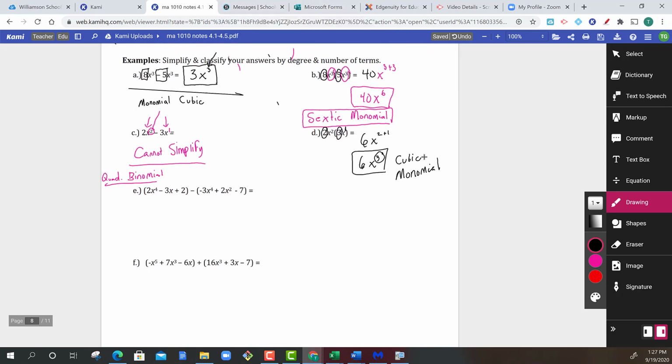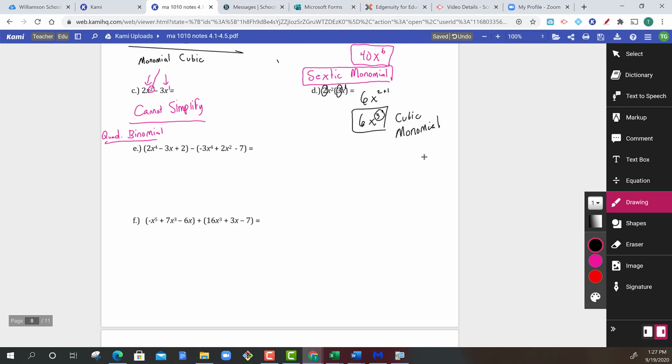All right, so let's look at a couple of addition-subtraction problems that have multiple terms each. Let's start with subtraction, which tends to be the more difficult type problem. So we're taking a trinomial and subtracting another trinomial. So when we have a subtraction sign in front of the parentheses like we do here, that means we are subtracting everything on the inside of the parentheses.